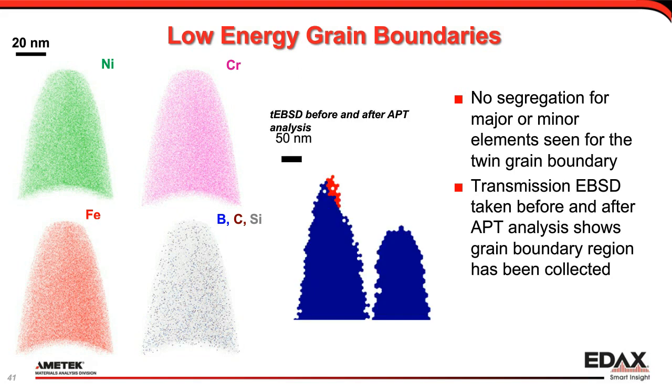So to confirm that we've actually collected that grain boundary within our atom probe results, we took transmission EBSD before and after. I should mention that the sample did not fracture, so we were able to stop it before the sample fractured. And we can see that we did collect that second grain at the top here colored in red, so we can be reasonably sure that our grain boundary was captured within these ion maps here.